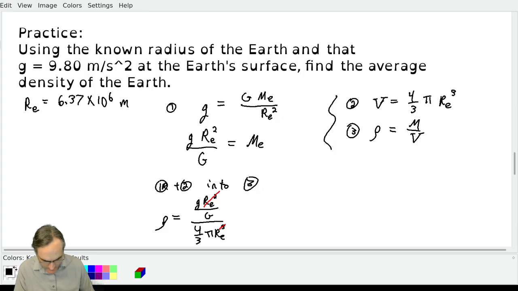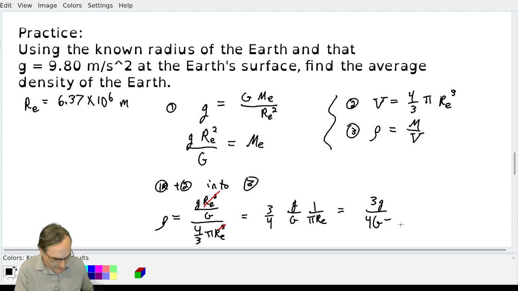Let's see. From there's not much else we can do. We can invert and multiply by 4/3. So it looks like we'll have 3 over 4, little g over big G, and then 1 over pi times radius of Earth. So the whole equation will be 3 little g over 4 big G pi. Actually, let me rearrange that. The pi traditionally would go after the number. Then the big G, then the r.